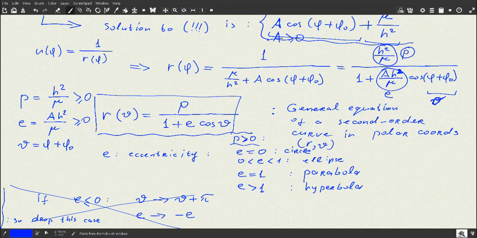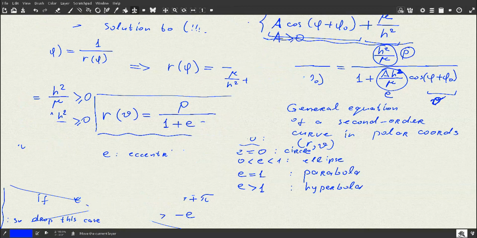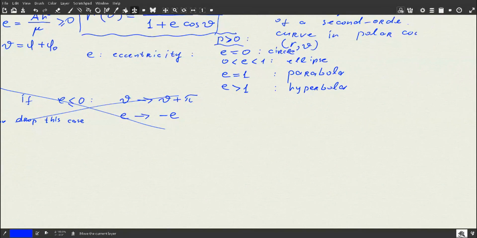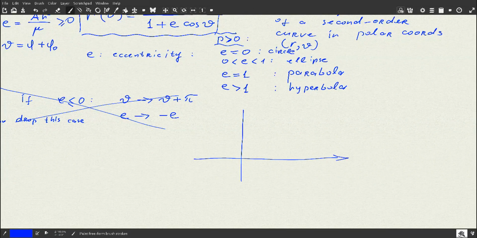And in the original R and phi coordinates, this is simply a rotated second order curve. So it is a second order curve in R V, but V is simply phi plus phi 0. So what does it mean? It means that suppose there is a certain angle phi 0 here.